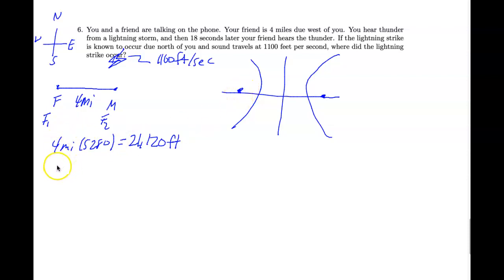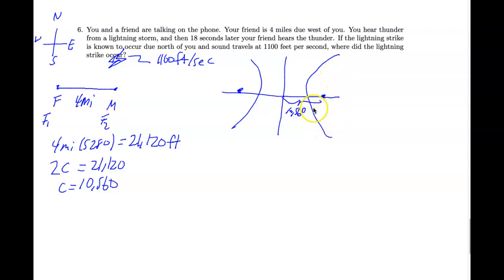We use c to denote the distance from the origin to a focus, so 2c equals 21,120 feet, and c is going to be 10,560. That's the distance from the origin to me.